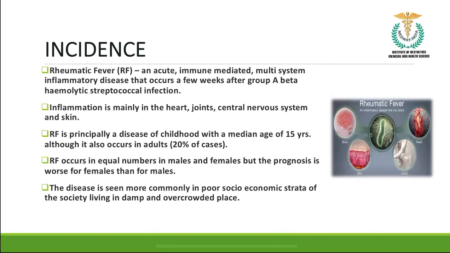And the disease is seen more commonly in poor socio-economic strata of the society living in damp and overcrowded places. So patients of poor socioeconomic status, or those living in overcrowded places where the population is very high, or in slum or damp areas, are more prone to or at more risk of getting rheumatic fever, and this can in turn lead to rheumatic heart disease also.